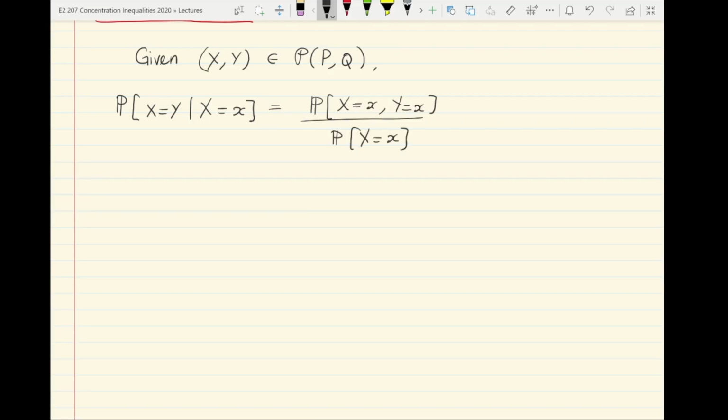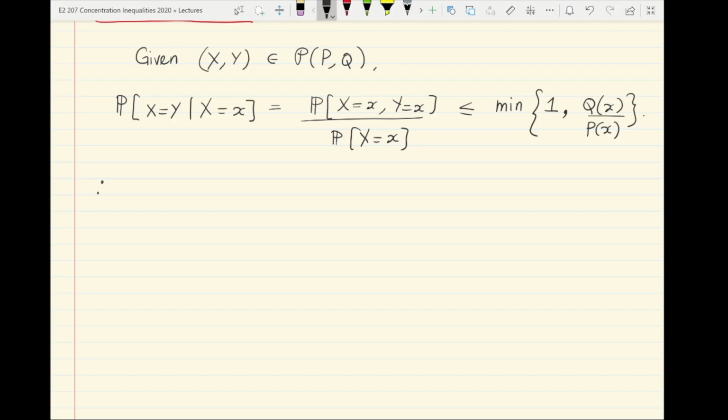From the numerator, you can factor out probability Y equal to x times the conditional probability of X given Y equal to x to show that this is bounded above. Because this is a conditional probability, it has to be bounded by 1 above, and it's also bounded by q(x) by p(x), which is what you get when you factor out the numerator as P(Y = x) times P(X = x given Y = x).